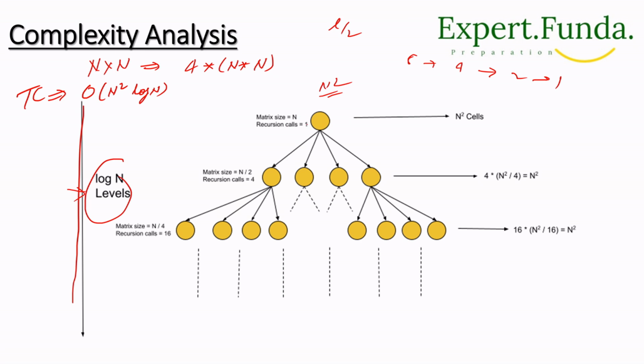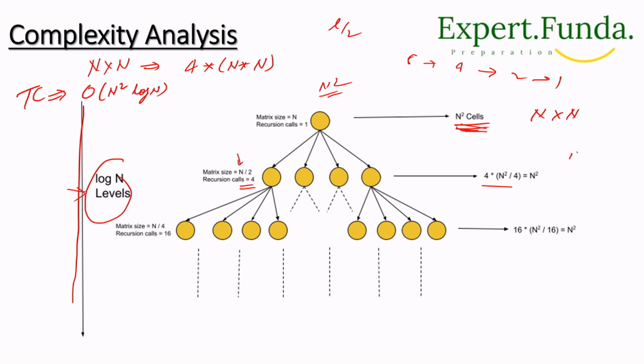There are n square cells, n into n cells. Then there will be 4 recursive calls, and the size will become n by 2. So we have 4 into n square by 4, because the size is n and we do n square, but now the size is n by 2, so it goes n square by 2 square, that is n square by 4.